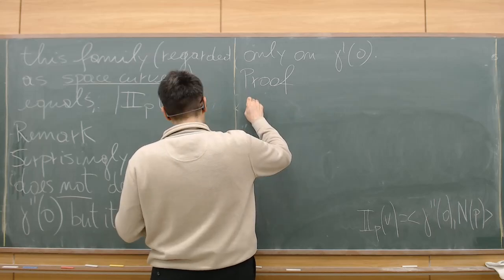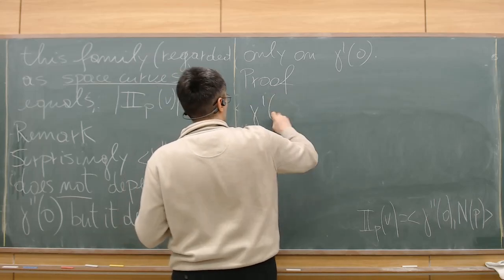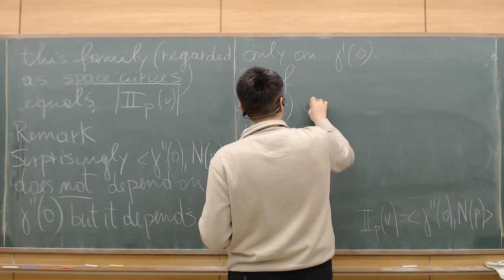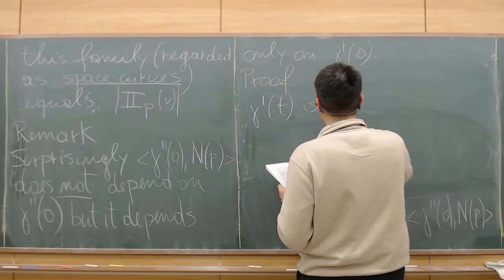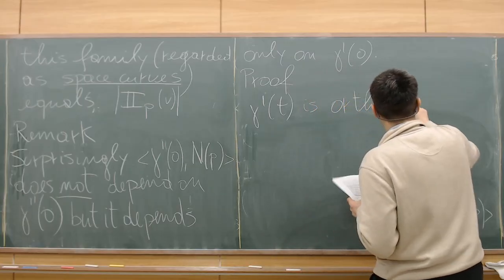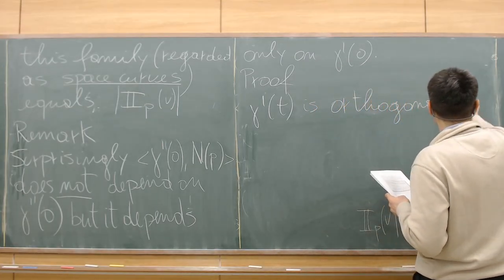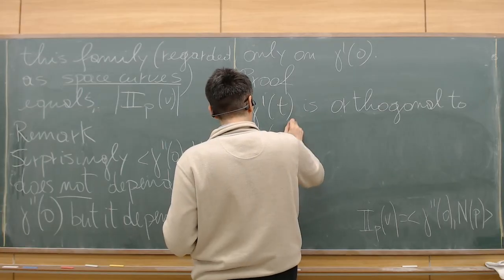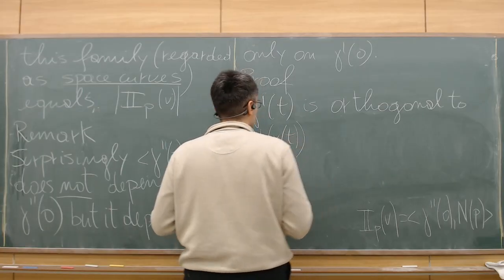Okay, let's observe that gamma prime(t) is orthogonal to n evaluated along gamma(t).